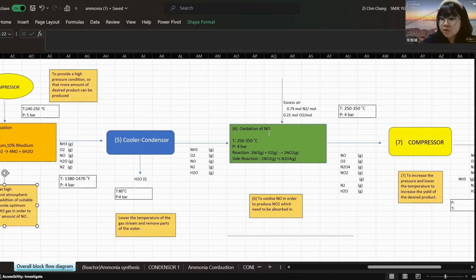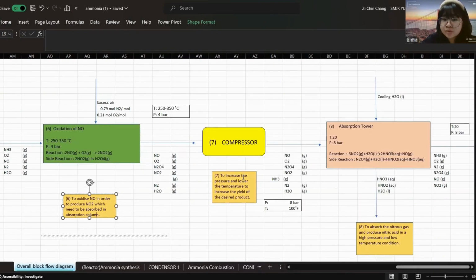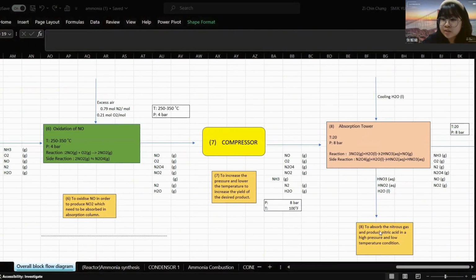The oxidation of nitrogen monoxide produces nitrogen dioxide, which needs to be absorbed in the absorption column. The second compressor is to increase the pressure and lower the temperature, increasing the yield of the desired product. Lastly, the absorption tower is to absorb the nitrous gas and produce nitric acid under high pressure and low temperature conditions.